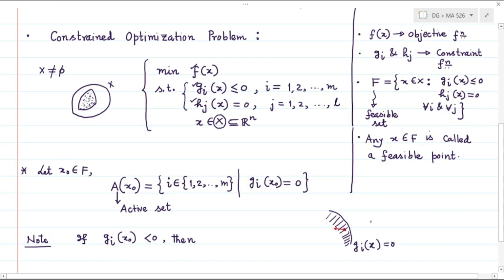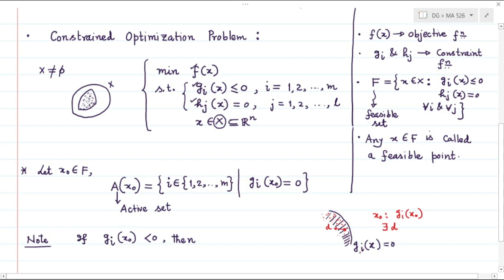That means at a point x0, if you have g_i(x0) less than 0, then from x0 there exists a direction d such that you can move from x0 along the direction d, but still you will be inside the restriction that g_i(x) is less than or equal to 0. And that is the special significance of the active set and inactive set.